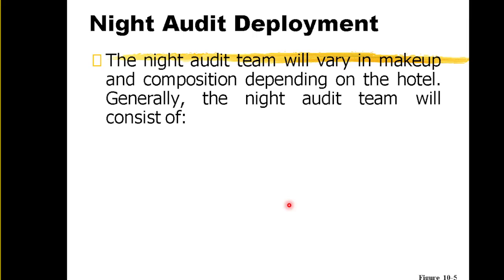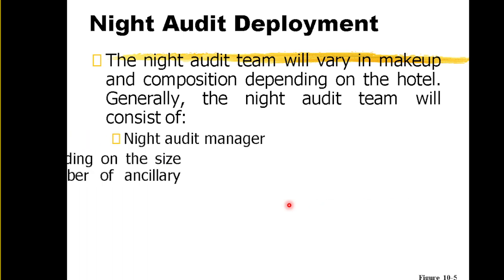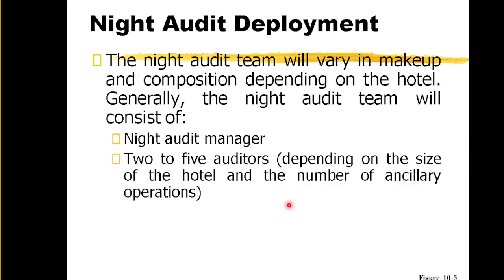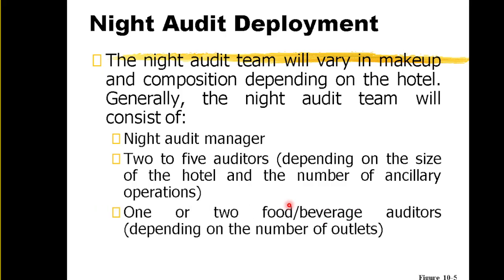So, generally, the night audit team will consist of the night audit manager, and two to five auditors, really depending on the size of the hotel and the number of the secondary operations. And then one or two food and beverage auditors, depending still on the number of the outlets.